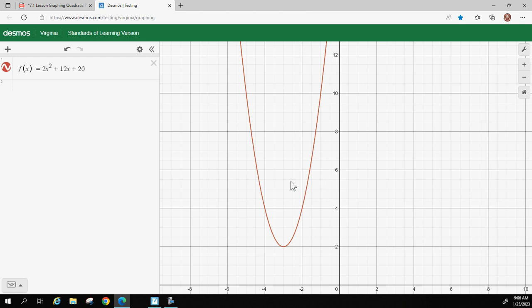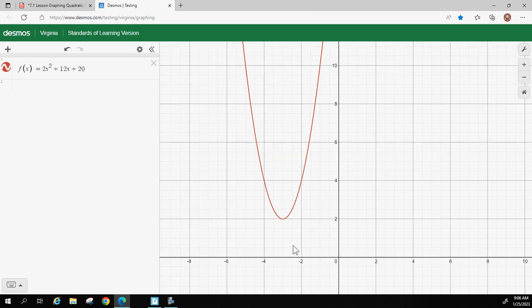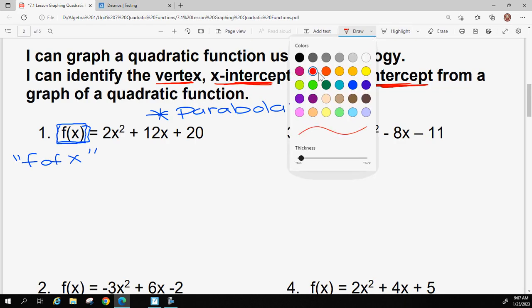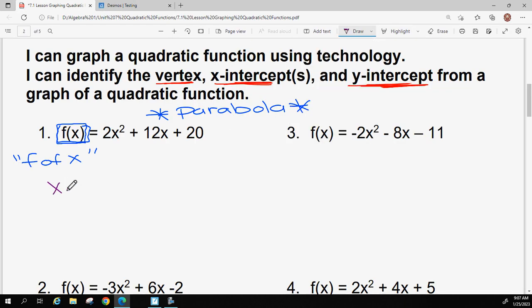An x-intercept is a place where this function will cross the x-axis. Remember, the x-axis is the horizontal left-right axis, and so you can see this one will never cross the x-axis, and so therefore when we are writing our x-intercept, which I will shorten to x-int, we can just say none.